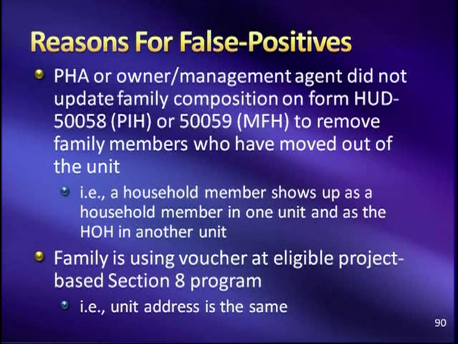Okay, now you will have some false positives. Common false positives deal with the scenario where the PHA or the owner management agent did not update the family composition on the form 50058 or 50059 to remove the family members who have moved out. That is a common issue that we see.